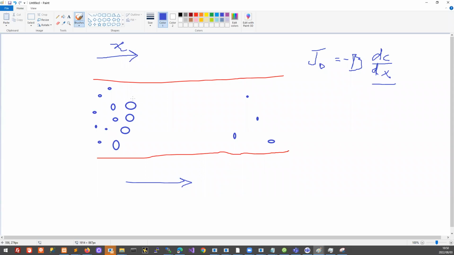In this case, the gradient is negative, but we have the diffusion in the positive direction, right? X is increasing this way, so we regard this as the positive direction. So our diffusion flux is in the positive direction, even though our gradient is negative, right? If C is high here and low there, then C is decreasing in this direction. So that's why that minus sign.